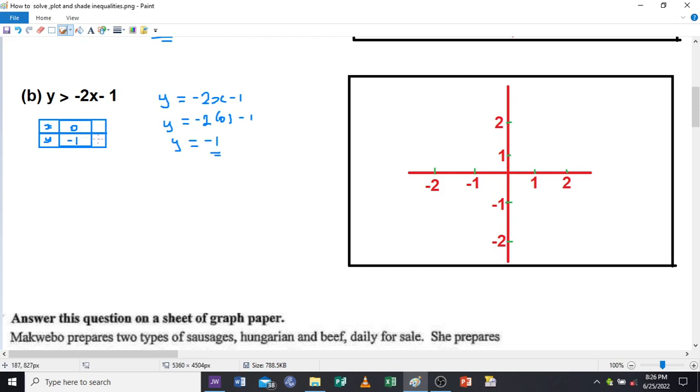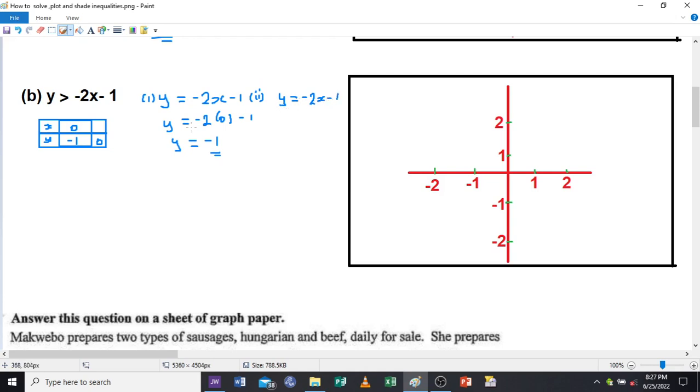Now let's assume, if the value of y is 0, what will be the value of x? Okay, so this will be our second calculation. So this time we want to assume, again, we have the same equation, remember, that's y is equal to -2x, right, minus 1.